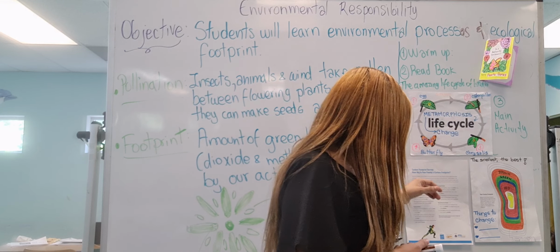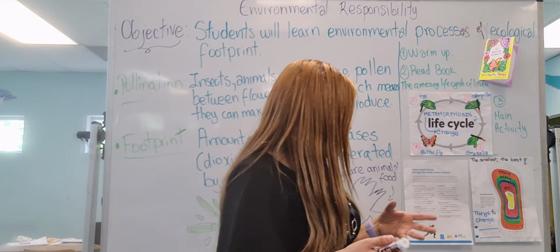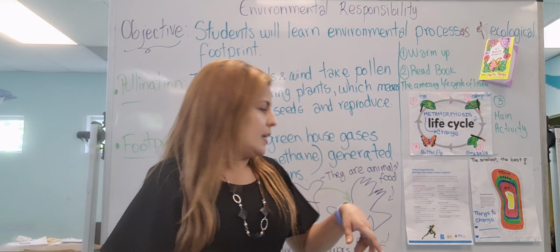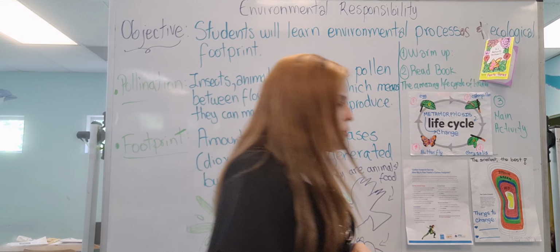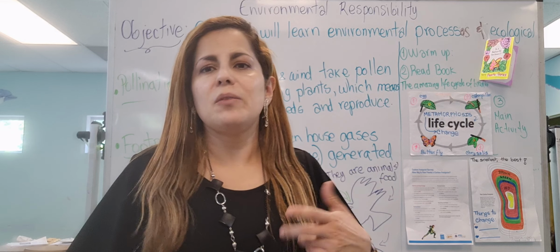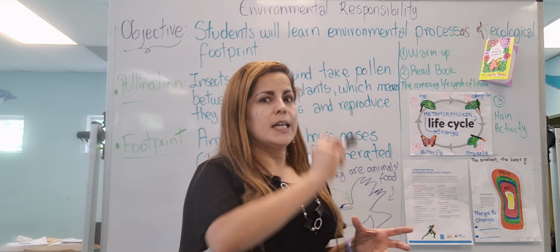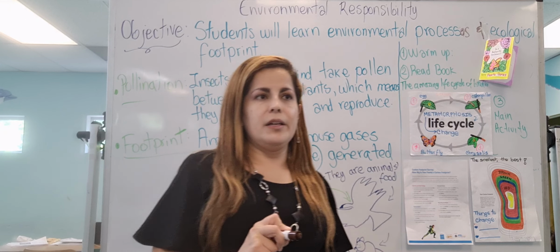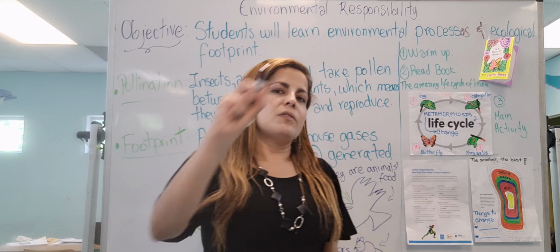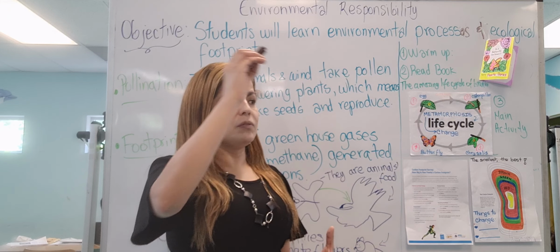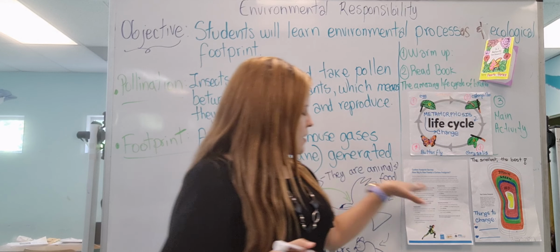For example, let's say red is about housing and home energy. If they actually save energy using energy-saving bulbs, they can just color one ring of the footprint in red. But if they don't use them, they have to color 4, and so on.